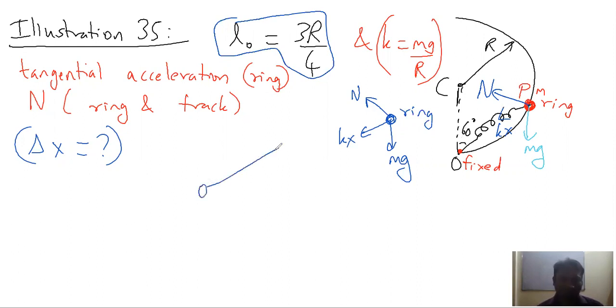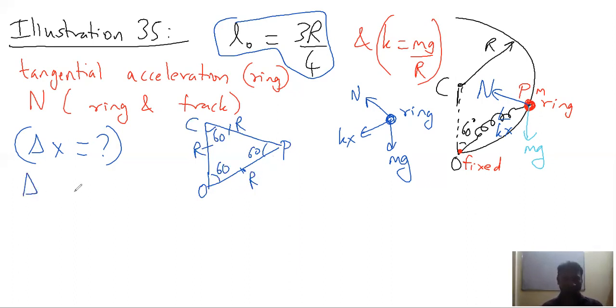If I construct this triangle, it will be an equilateral triangle, because C is the center and this angle is given to us as 60, and these sides are radius R and R. Of course, if one angle of an isosceles triangle is 60, it is an equilateral triangle. So all angles are 60 and all sides are equal to R.